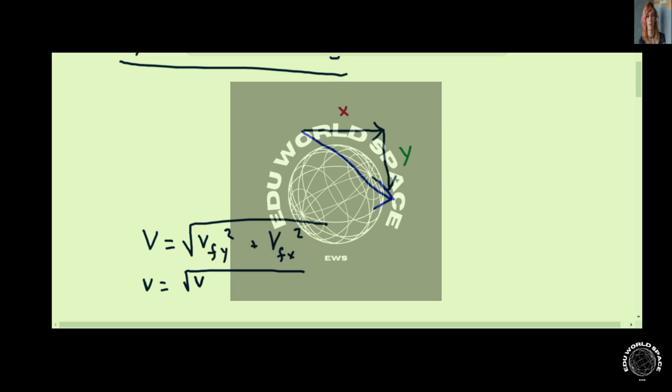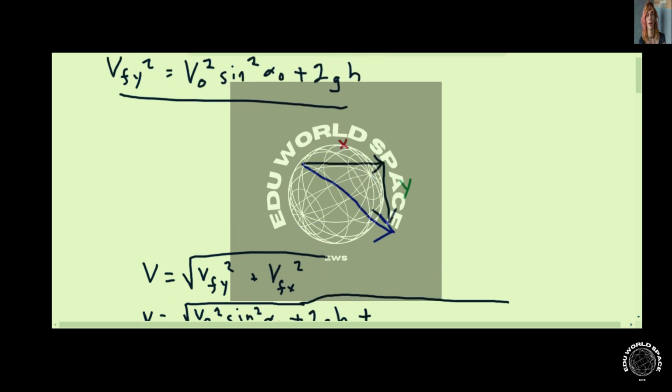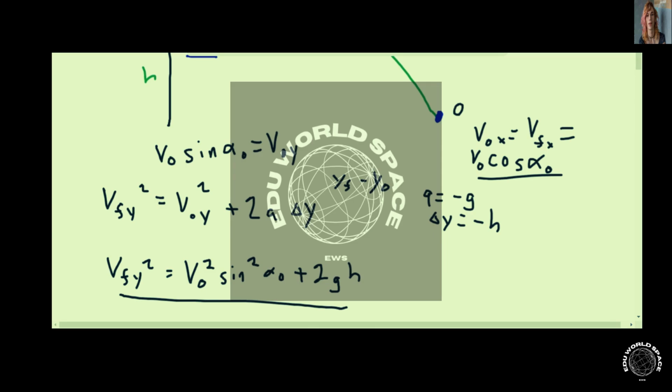of v naught squared sine squared alpha naught plus 2gh, and then plus the x direction squared, that is just going to be v naught squared cosine squared alpha naught.